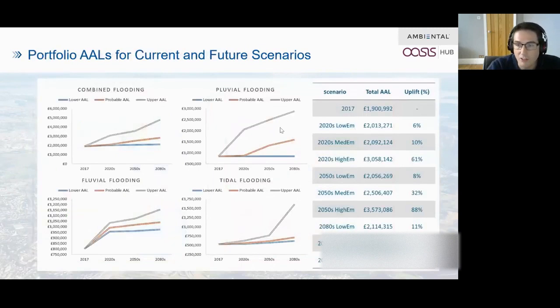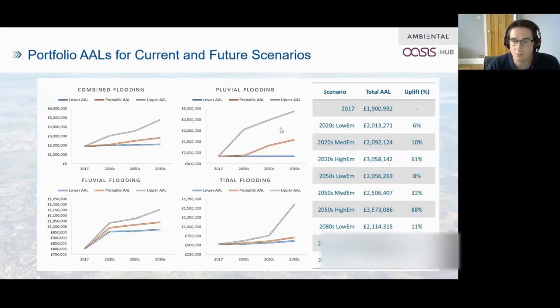We move on. This is just another way of looking at a similar sort of thing. This is using average annual loss as the metric. Everything ties together, since the risk ratings are derived from average annual loss. And this just shows all of the different future RCPs on the same graph, so you can see which flood sources are more certain and which are less certain, which in itself can give you more richness of data to play with and get confidence one way or another in your mind.